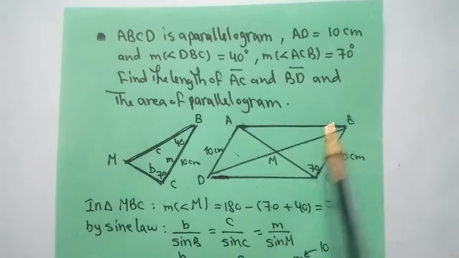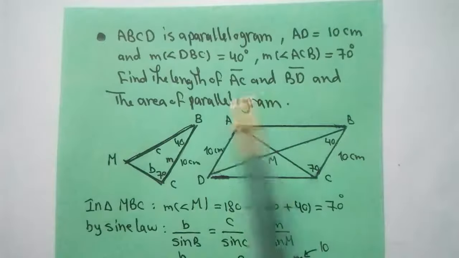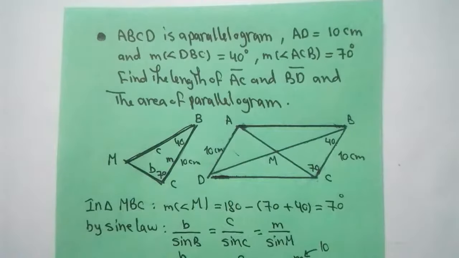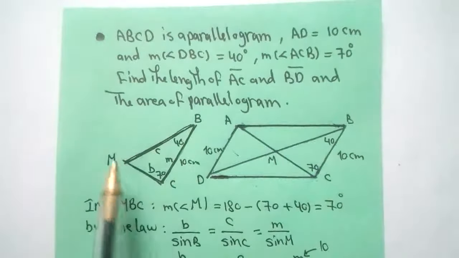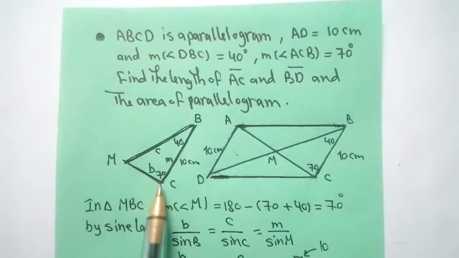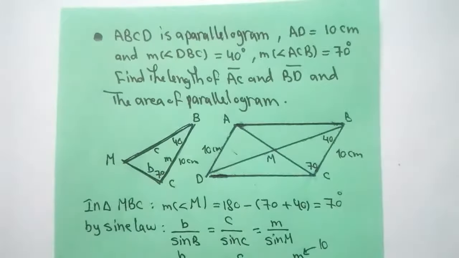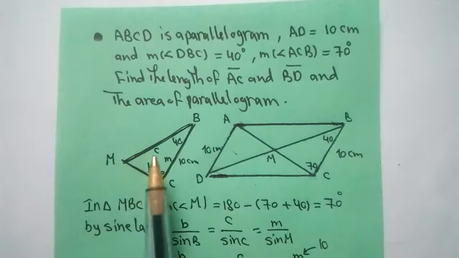Find the length of the two diagonals and the area of the parallelogram. We take triangle MBC and find MC and MB. In triangle MBC, measure angle M equals 180 minus (70 plus 40), equal 70. Isosceles.